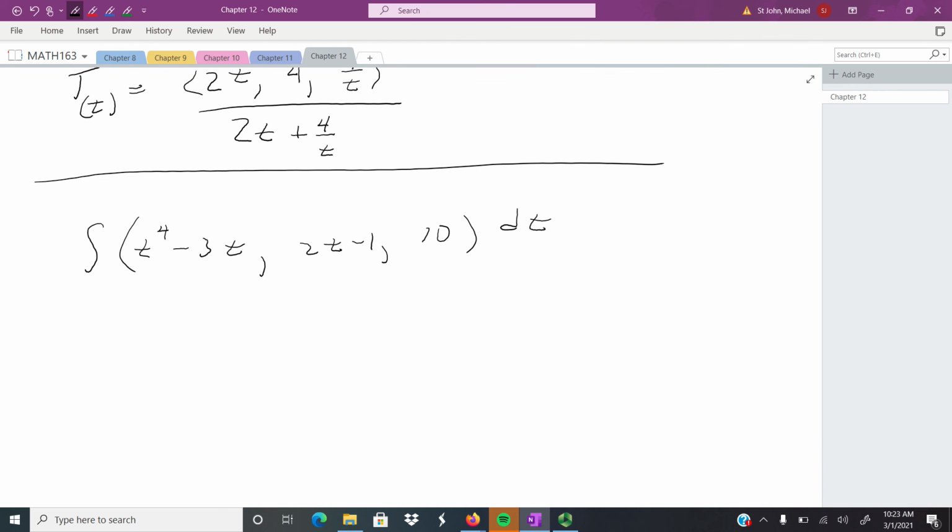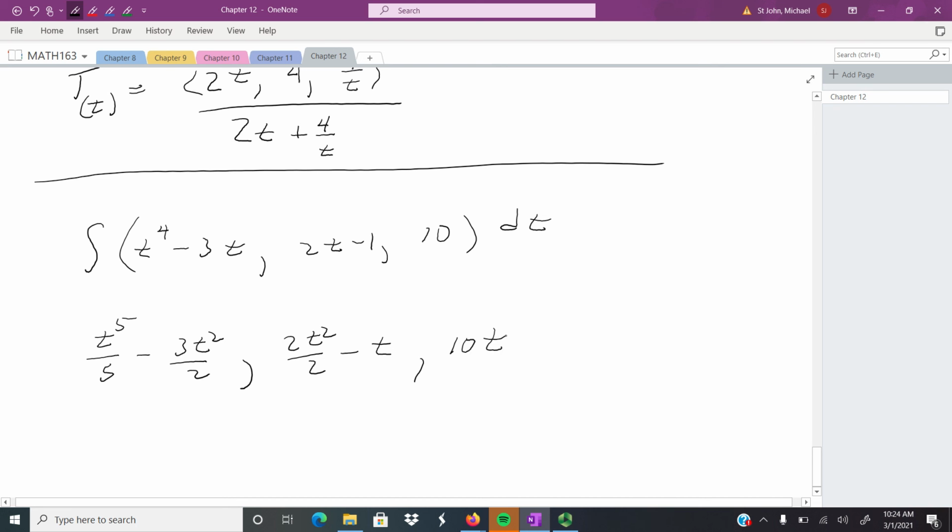So this will give us t to the 5th over 5, minus 3t squared over 2, 2t squared over 2 minus t, and 10t.